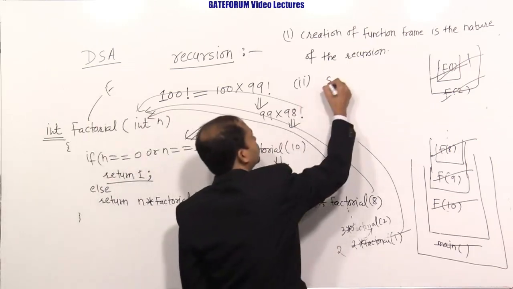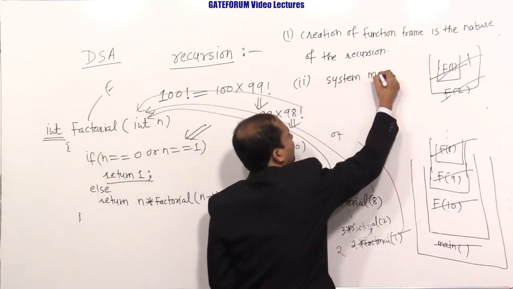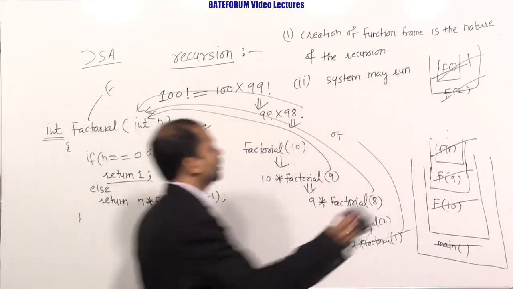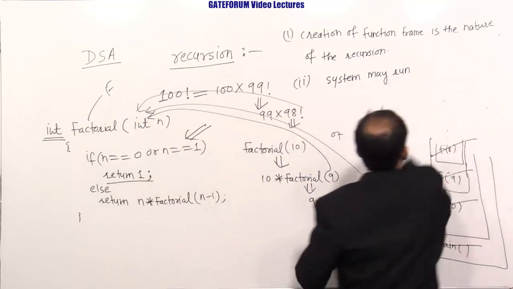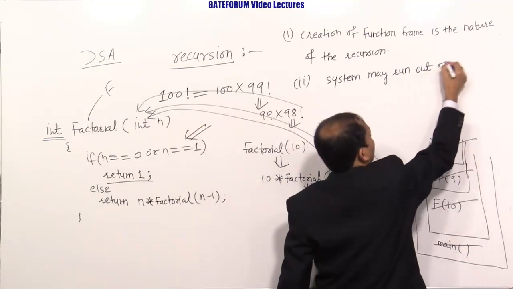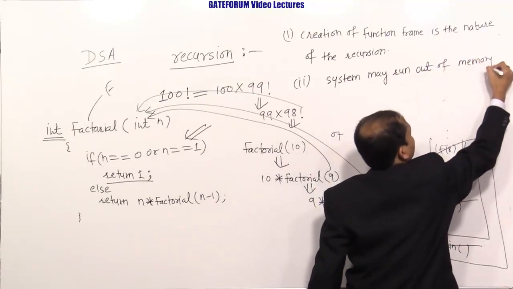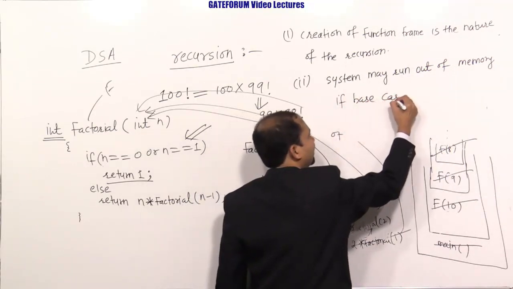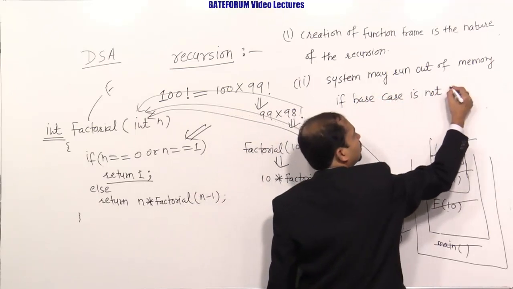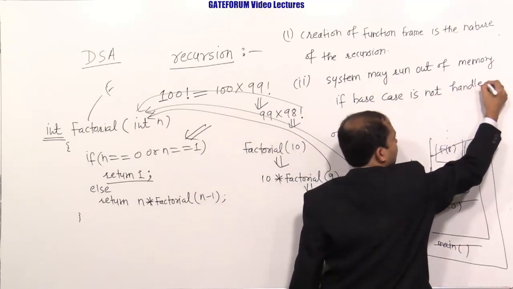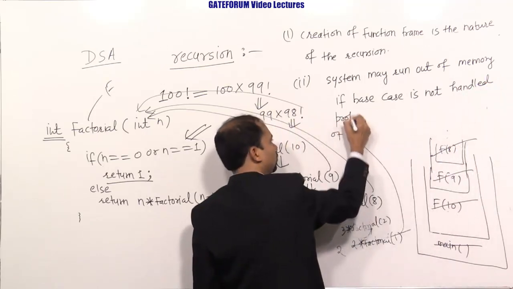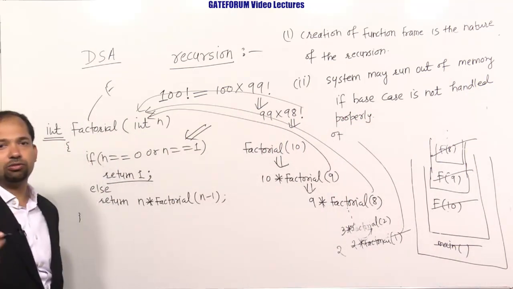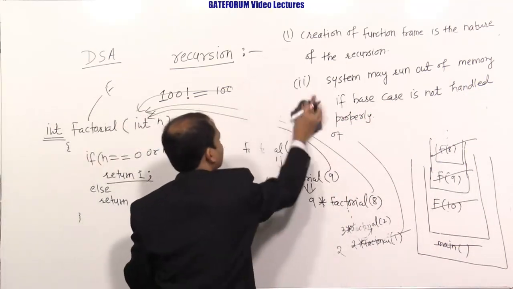The system may run out of memory if the base case is not handled properly. Base case means the situation where the function call stops, where the call to the function stops, right?